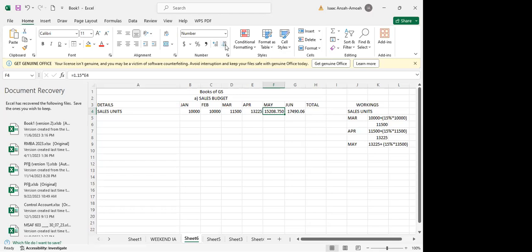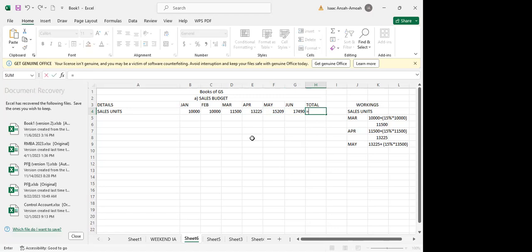Then I'll also change this into a nearest whole number. Then I would have to find the total. We have to add from January to June. So that gives us 77,423. So we can make it 424.